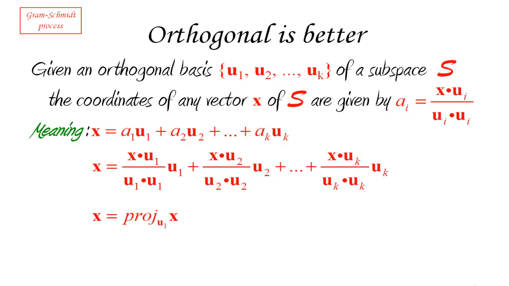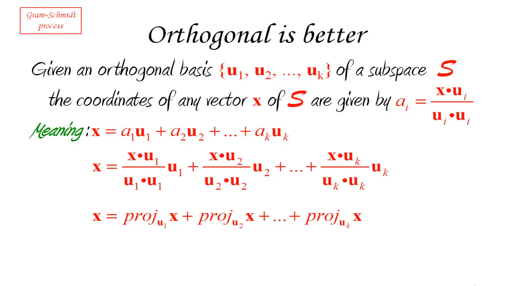Similarly, the second one is the projection of x on u2, and so on all the way through to the last one. So if a basis is orthogonal, then x can be written as the sum of the projections of x itself onto each one of the vectors.